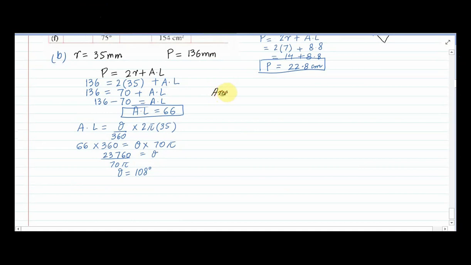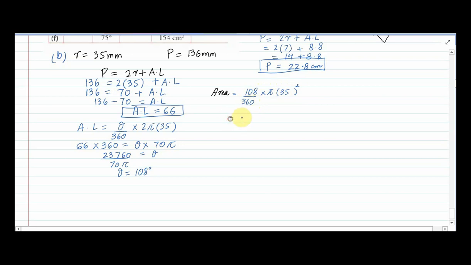Now area. So area is angle, that is 108, divided by 360 multiplied by pi r square, and the value of radius is 35. So 35 square multiplied by 3.142 multiplied by 108 and divided by 360.